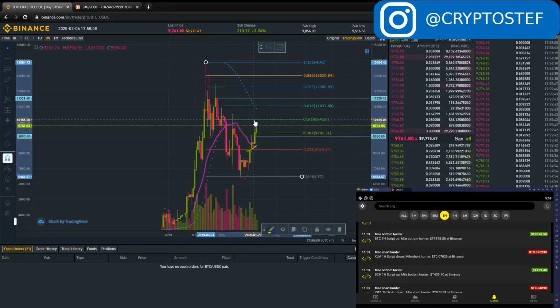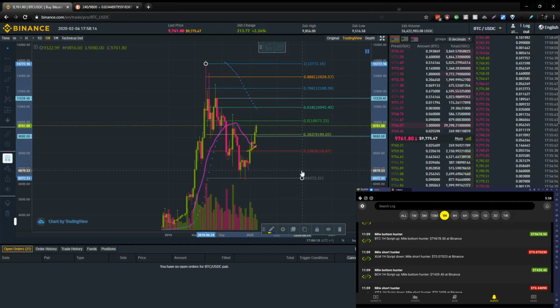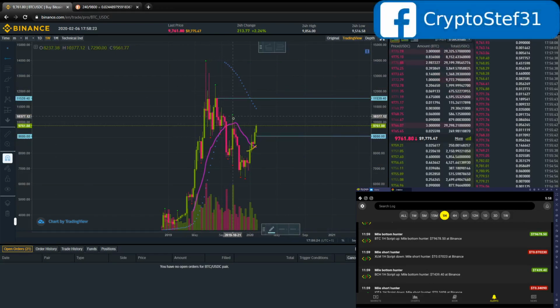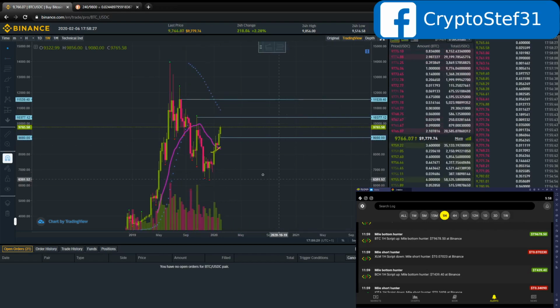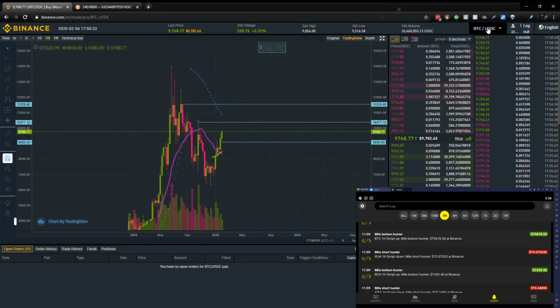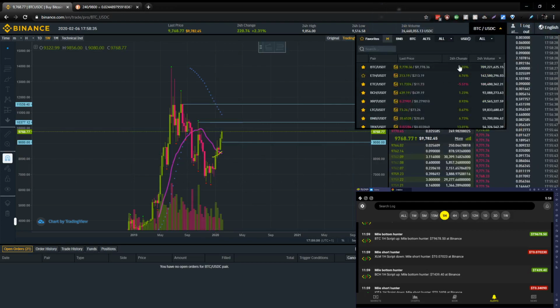So probably somewhere here there will be some short sellers who will sell this BTC pair, because that's the first target. And also, if you want to be mega bullish on the weekly, you want to see a fractal break of 10,400. And also there is some kind of bullish crossover on the weekly. So that's for the BTC.